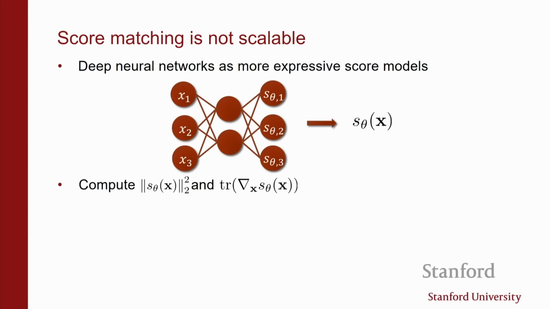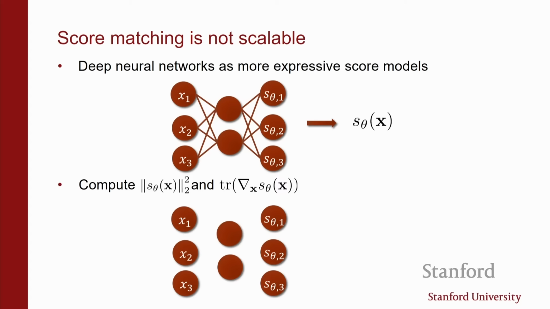And then we need to be able to evaluate this loss, which involves the norm of the output of the neural network and the trace of the Jacobian. And to evaluate the first term, which is just the norm of the output, it's easy. Basically what you do is you just do a forward pass, and then you can compute S theta, and then you can also compute the squared norm of S theta.